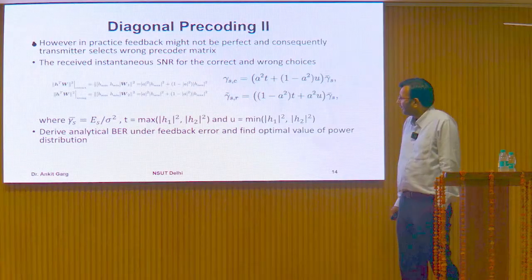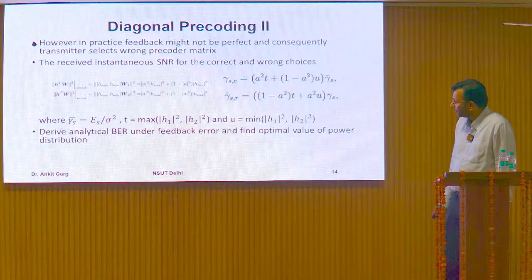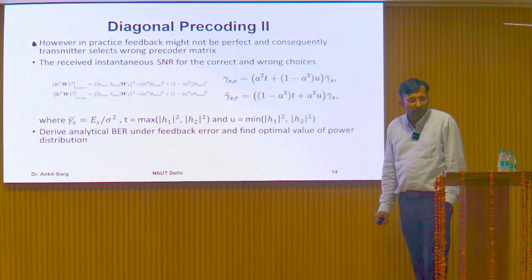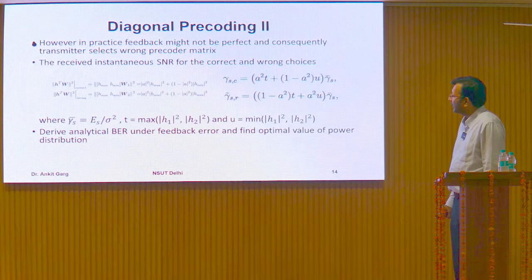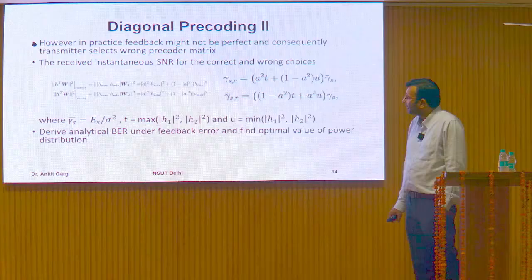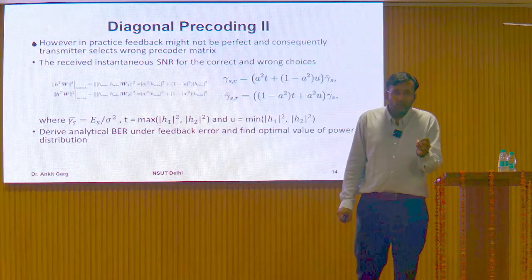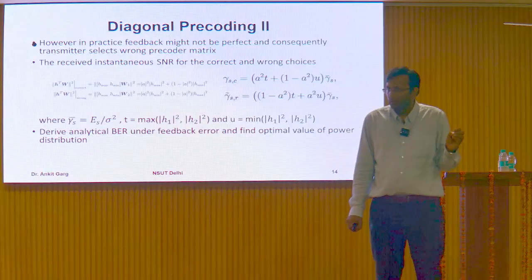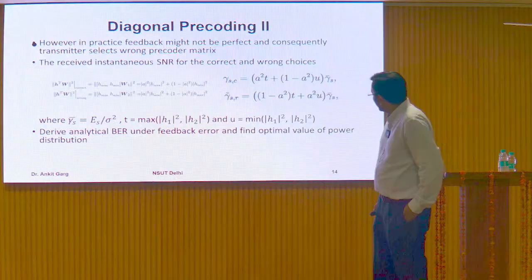So first, we need to find out the instantaneous SNR before analyzing the bit error rate, right? So this would be the instantaneous SNR. The first expression represents correct feedback, when we have correctly decoded our feedback information at the transmitter, right? Second one is the reverse.